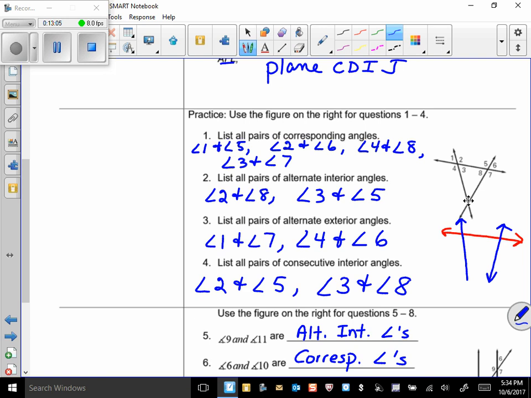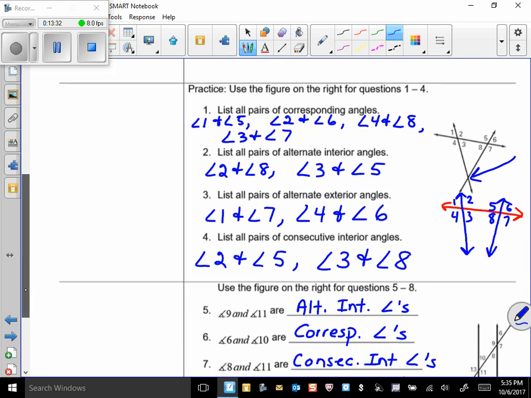So if you do that, you might find that it's a little easier to identify your angle pairs. 5, 6, 4, 3, 8, 7. And the fact that these 2 intersect here might not bother you at all, but sometimes when you have more than one set of lines and more than one possible transversal, you might just find it way easier to break some of those lines out and draw them separately. So that's a thought for you.